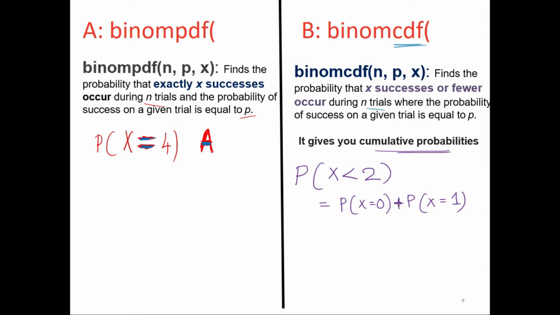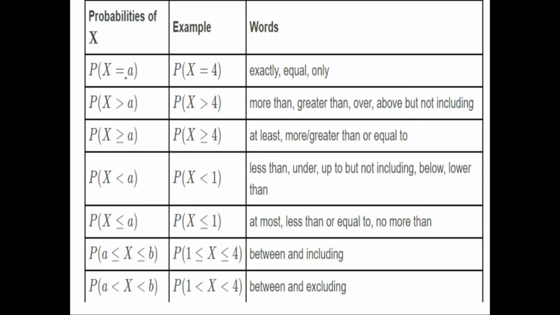This is how the probabilities get added. So in these conditions, you look for binomial CDF. Moving on to the next part, always remember it is only for the equal to sign that we use option A, which is binomial PDF.